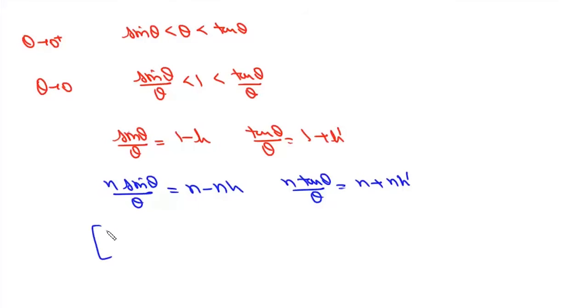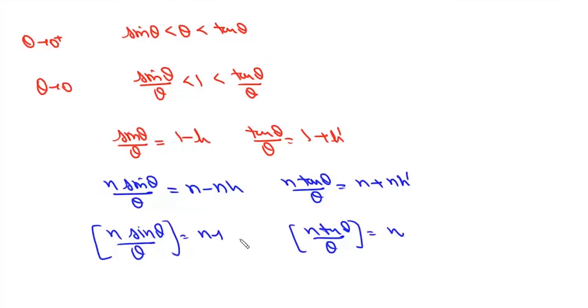Now we take the greatest integer function of n sin theta upon theta. This is n minus some small value, so it will be n minus 1, and the greatest integer function of n tan theta upon theta. This is n plus small h, which is n. Now we add them.